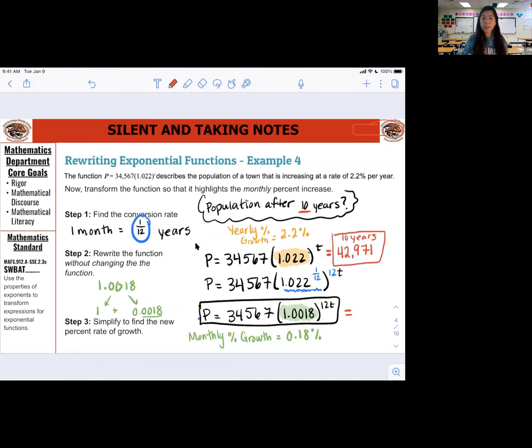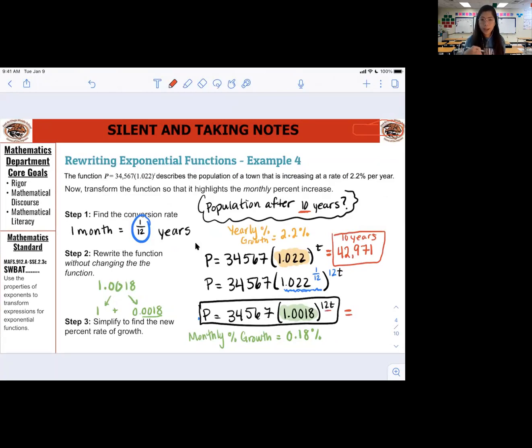Now let's see if we get the same answer with our rewritten function. We should get the same answer. It might be a little bit off because we estimated a little bit and we rounded a little bit, but hopefully we got pretty close. So this time in my exponent, since I have a 12, I have to plug in 120.